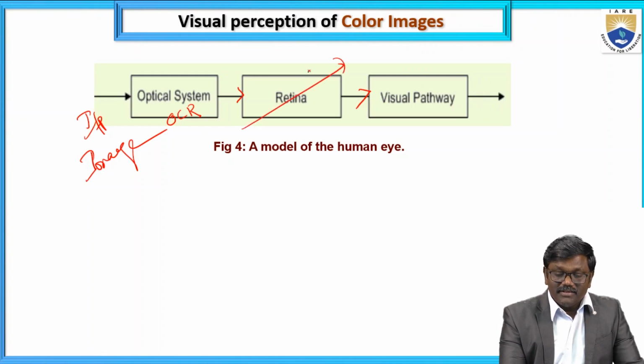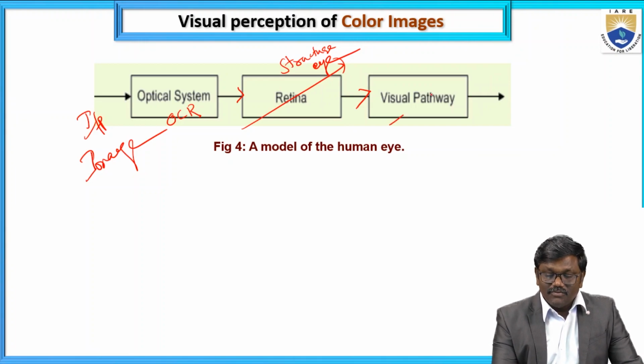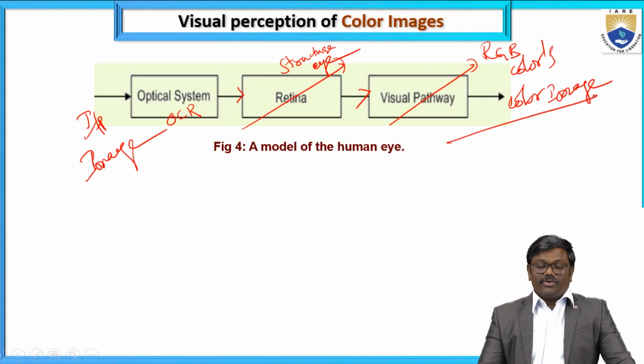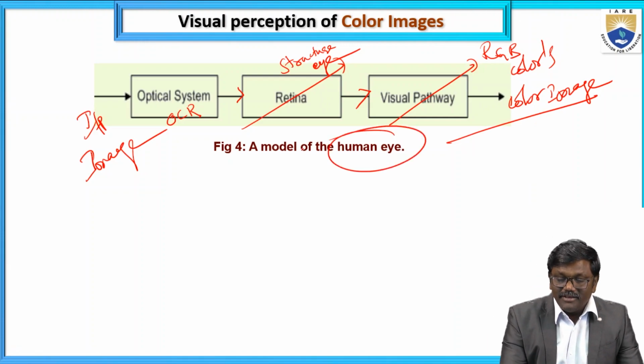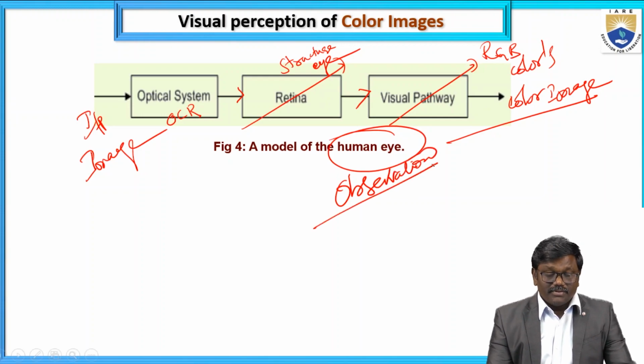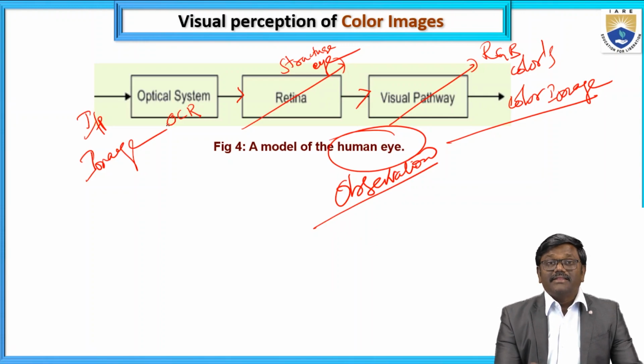Then you are going to see the structure, and we are going to keep it in the visual path. This is what we see in terms of RGB colors, so you are going to have your color image as the required output. With the human eye, observation works one by another.